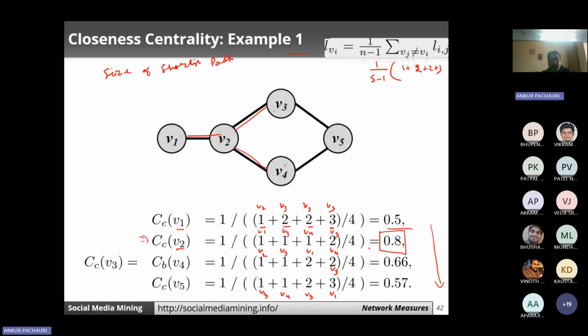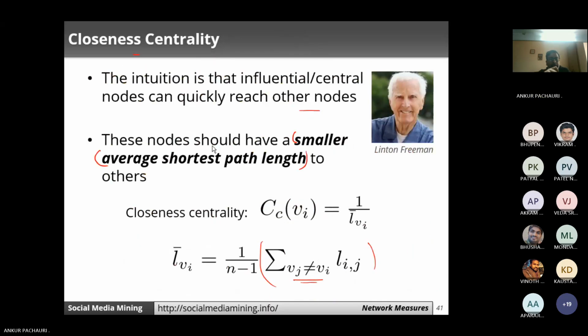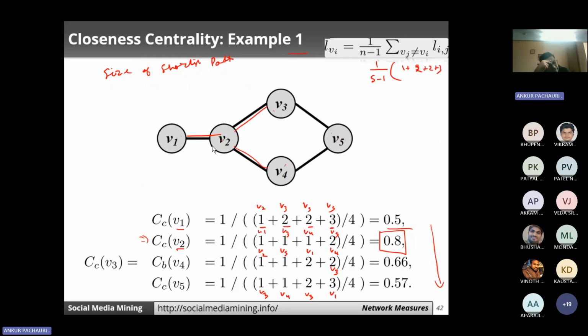If closeness centrality is high, what does it mean? If I'm talking about v2, most of those paths are the smallest, because closeness is an inverse measure.